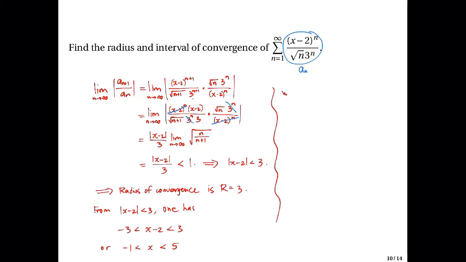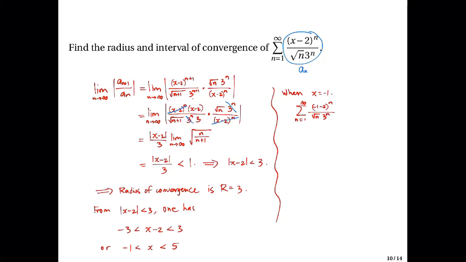So when x equals negative 1, we have the series from n equals 1 to plus infinity of negative 1 minus 2 raised to n over square root of n times 3 to the n.